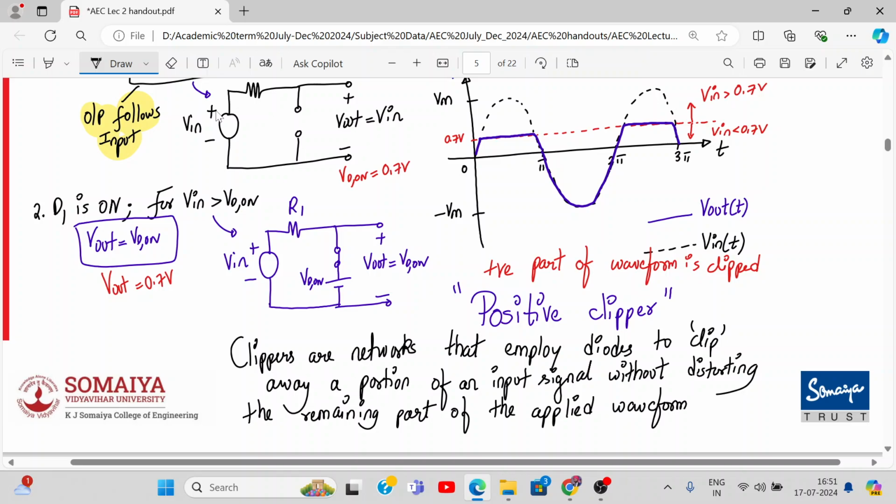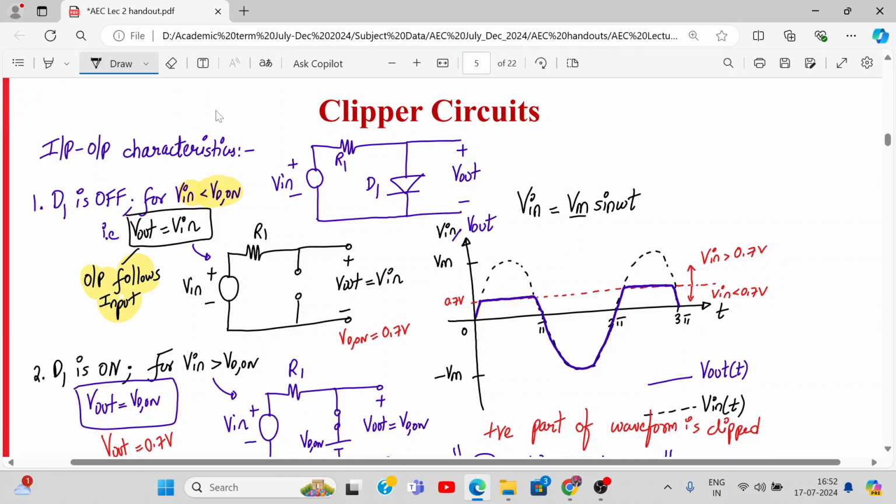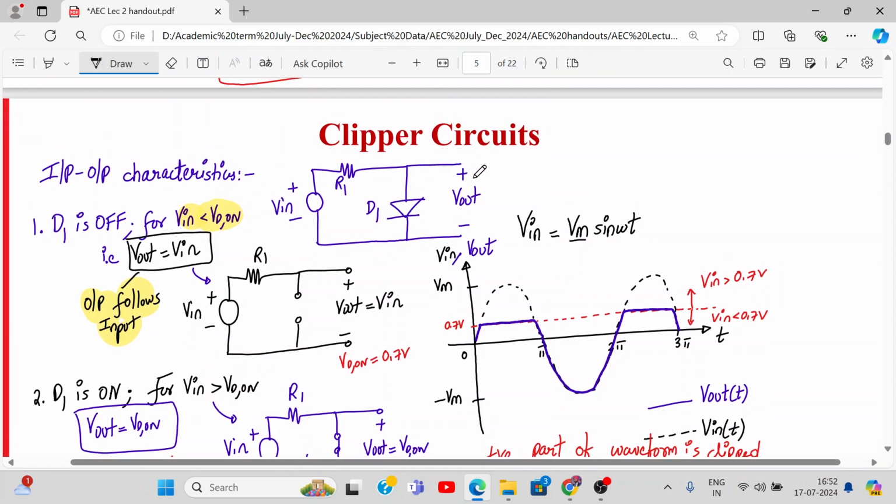You know, it has another name. It's called a parallel positive clipper. You know why parallel? Because the diode is connected in parallel with the output.